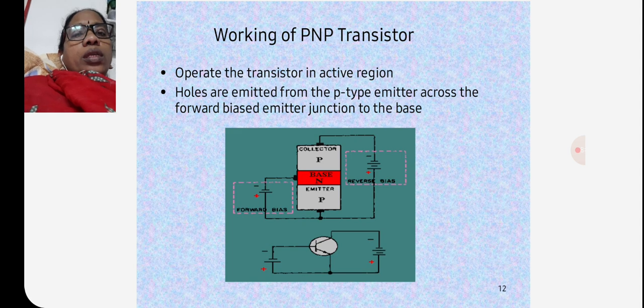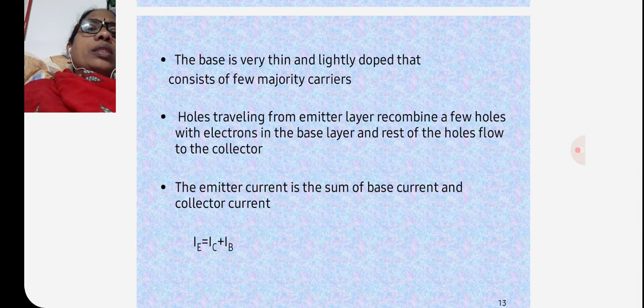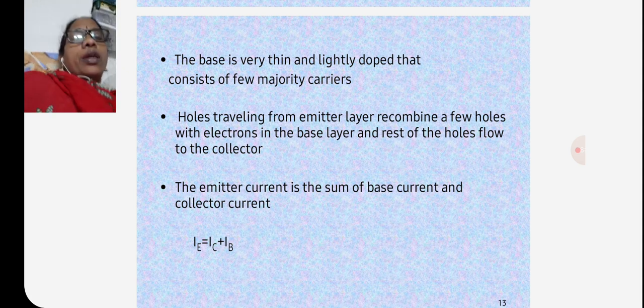In this, the P region has the collector, base and emitter. The base is very thin and lightly doped, so it consists of only a few majority carriers.